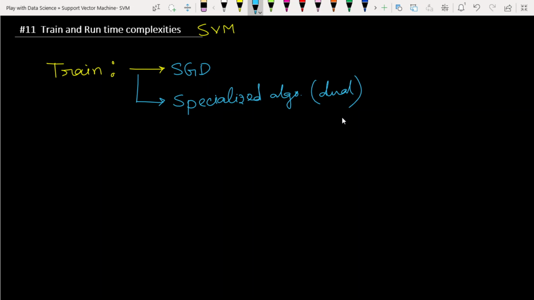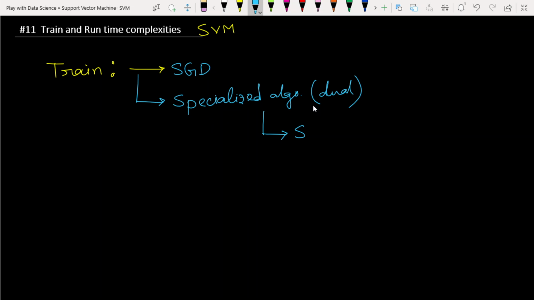Subsequently, more recently, an algorithm was developed called the sequential minimal optimization problem. If you search Google for SMO SVM, you can find it.